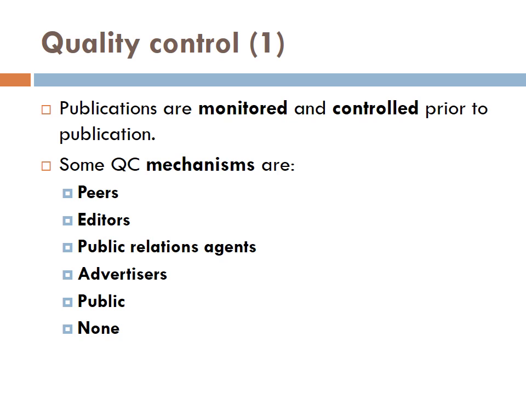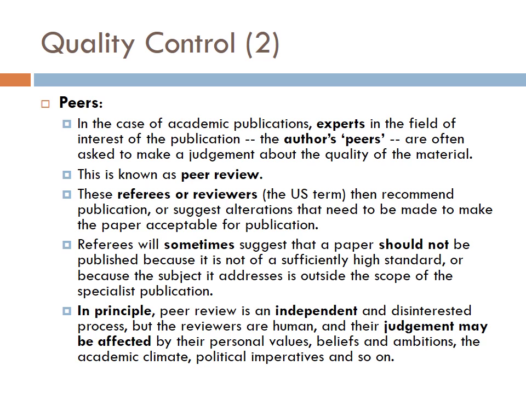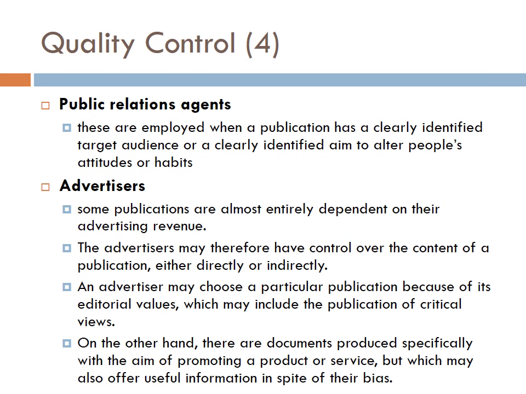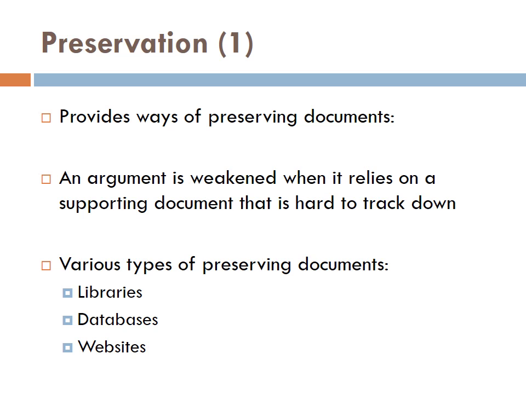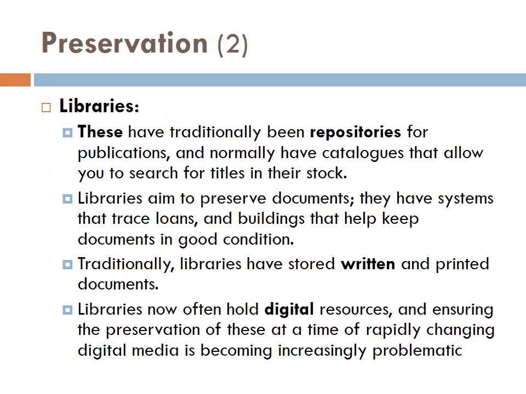Some quality control mechanisms are peer review, editors, public relations agents, advertisers, and the public. There are three types of preserving documents: libraries, databases, and websites.